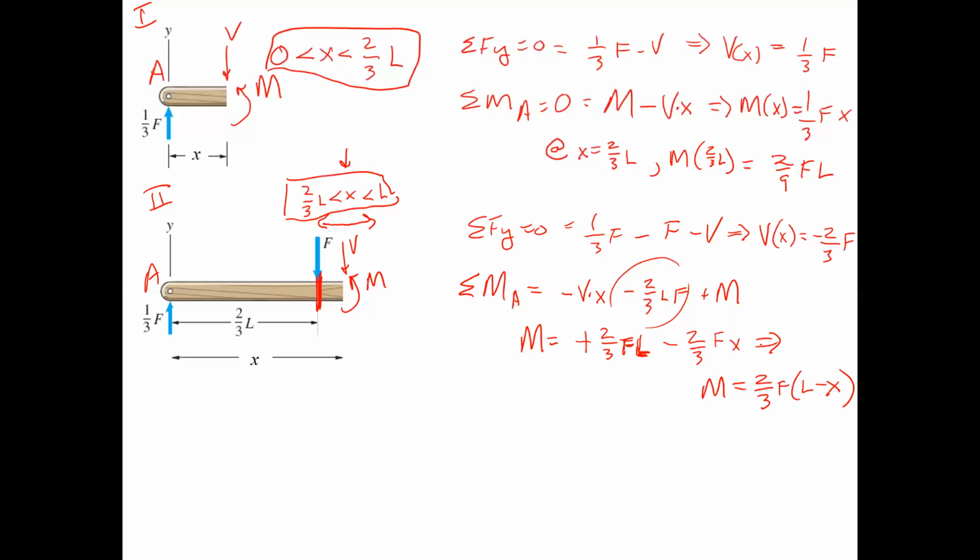Okay, so M equals 2/3 F times L minus X. Now we can do this check again and say, well, what was this formula going to tell us at X equals 2/3 L? And for the bending moment only, they should be the same. So using this formula, our M of 2/3 L. Again, if it's a 15-foot beam, that means that M at 10 feet equals, well, we're putting in 2/3 L for X, so L minus 2/3 L is just 1/3 L, right?